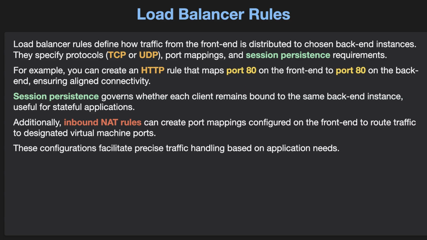Session persistence governs whether each client remains bound to the same backend instance, useful for stateful applications. Additionally, inbound NAT rules can create port mappings configured on the front end to route traffic to designated virtual machine ports. These configurations facilitate precise traffic handling based on application needs.